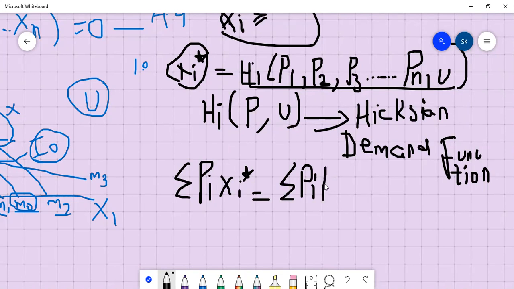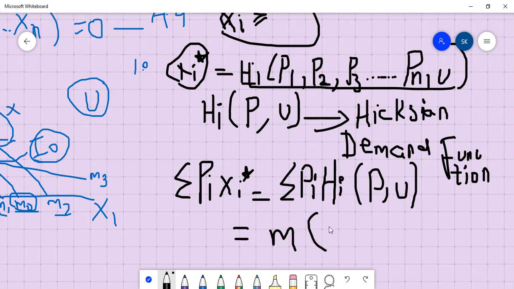Therefore, it will become summation Pi Hi of Pu. Now, by further simplifying it, we get the expenditure, the iso-expenditure line, with the Pu. That is, Pi Hi represents the iso-expenditure line, and therefore summation Pi Xi star is equal to M into Pu.